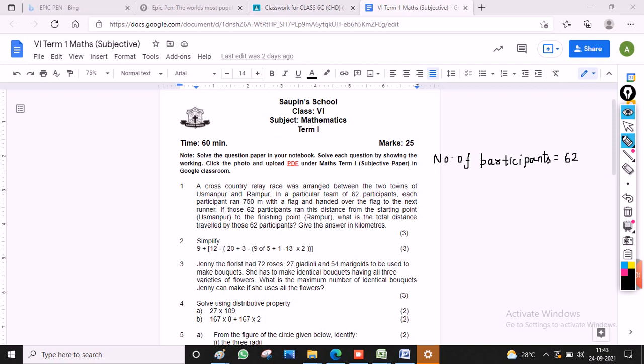and distance traveled by each participant, that means traveled by one participant, is 750 meters.